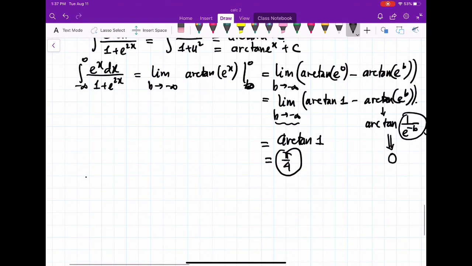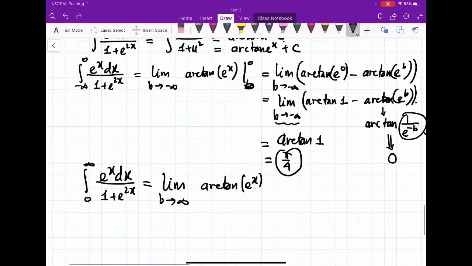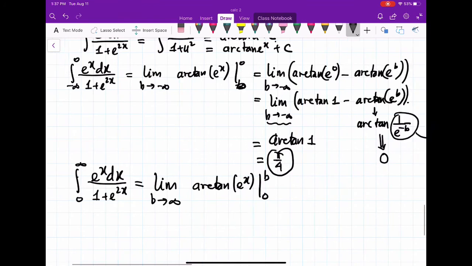Similarly, we may evaluate the integral from 0 to infinity of e^x dx over 1 plus e to the 2x. That is the limit when b approaches infinity of arctangent of e to the x from 0 to b. Right?